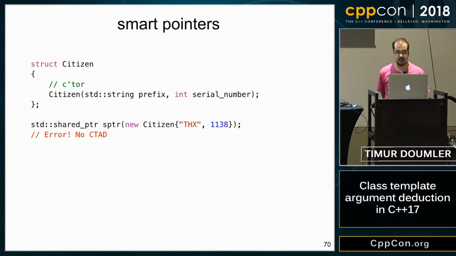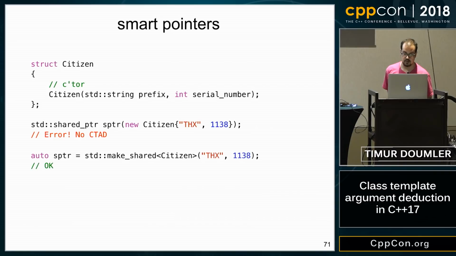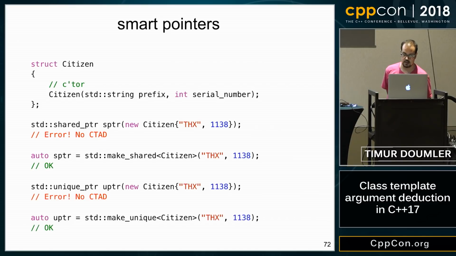So on purpose in the STL, shared pointer does not work with CTAD if you give it a pointer. This is a case where if you would just magically enable CTAD and this kind of stuff would work, it would be very dangerous. So with shared pointer, you still have to use make shared in C++17, and the same with unique pointer. And why is that?